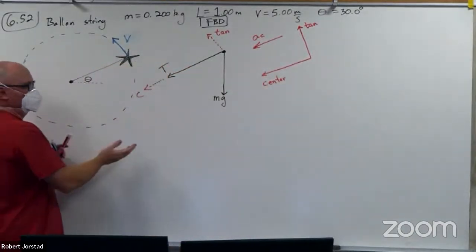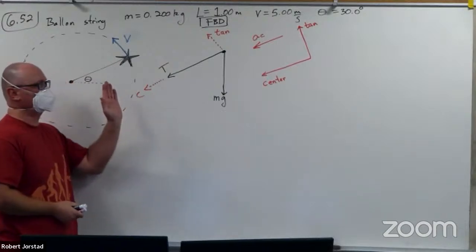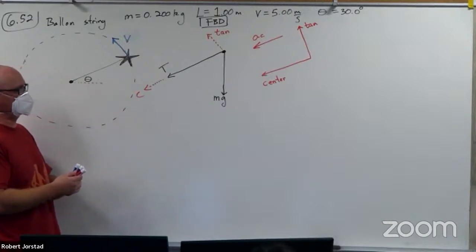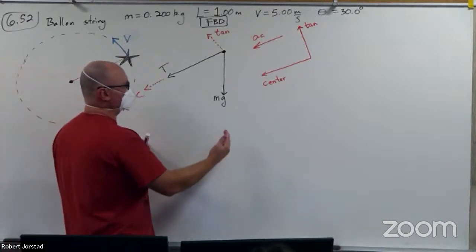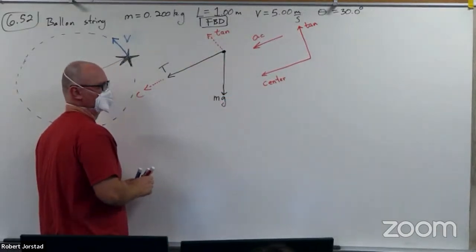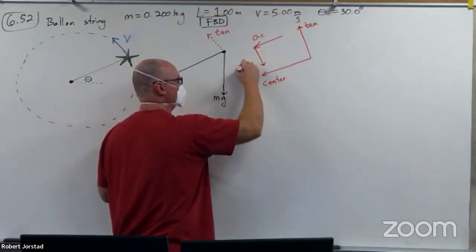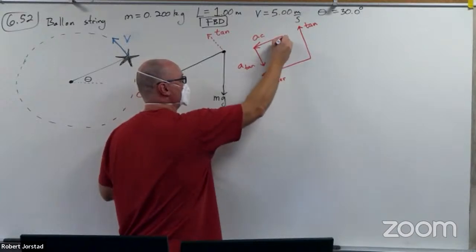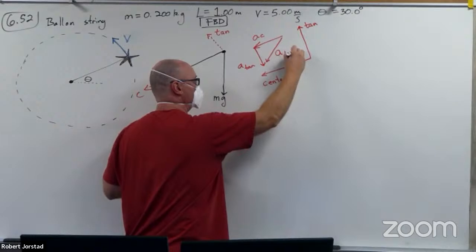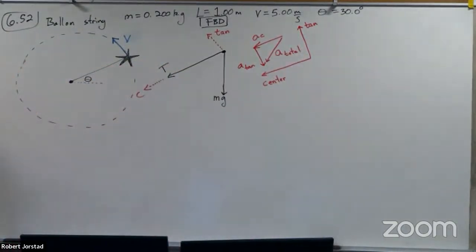On the way up, is gravity speeding it up or slowing it down? Slowing it down. So what does that tell us about the tangential? Is it going with the motion or against the motion? Against. So we see it's going to look something like this.